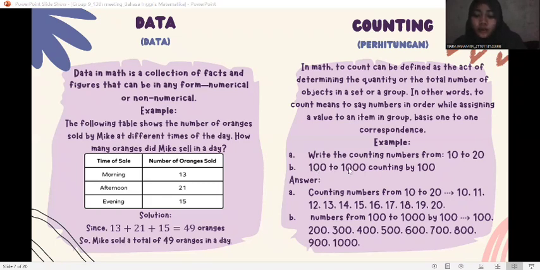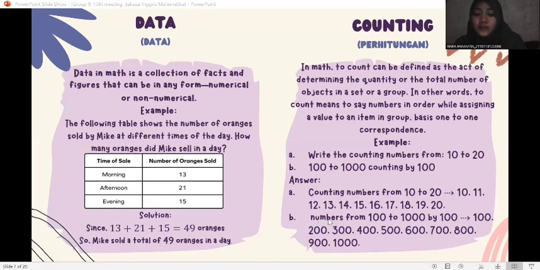100 to 1000, counting by 100. The answer is A. Counting numbers from 10 to 20 equals 10, 11, 12, 13, 14, 15, 16, 17, 18, 19, 20.